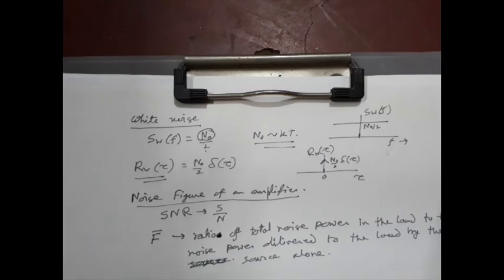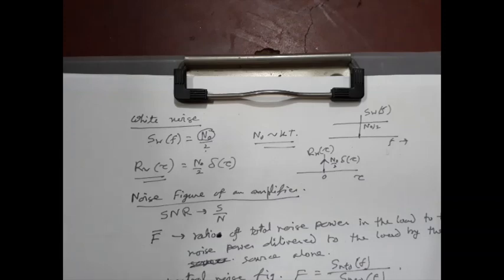That is called the spectral noise figure, and it can be written as SNTO by SNSO, where SNTO is the power spectral density of the total noise at the output of the amplifier, and SNSO, the denominator, is the power spectral density of the noise at the output due to the source only.